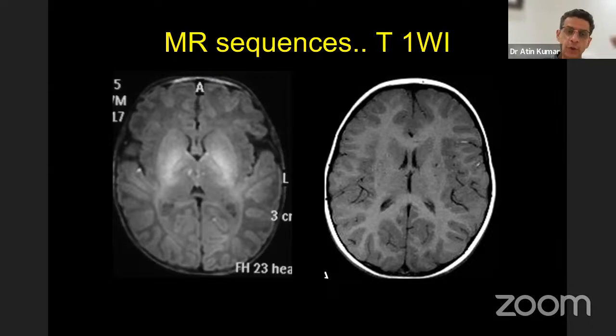So once we know this, I'll not go into the physics of MR. It's slightly more complex than the CT, but the CT was based on radiation, X-ray tubes giving radiation, whereas I can tell you in one line that MR is based on the spinning protons in our body, which are present in all cells, all tissues of our body. When we align them in a very strong magnetic field, they align according to their magnetic dipoles.